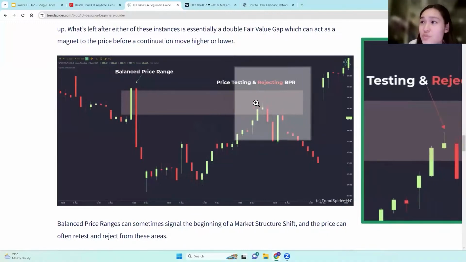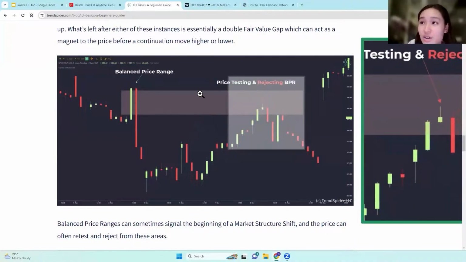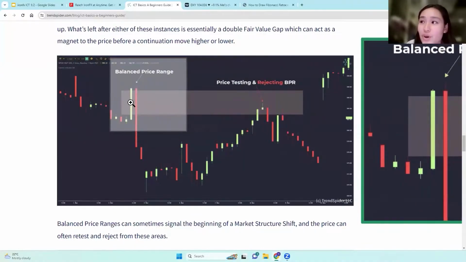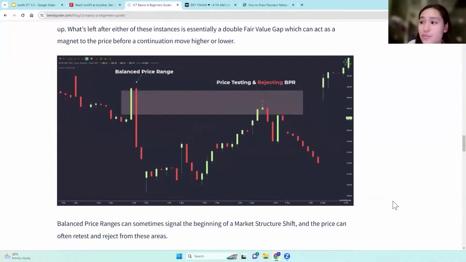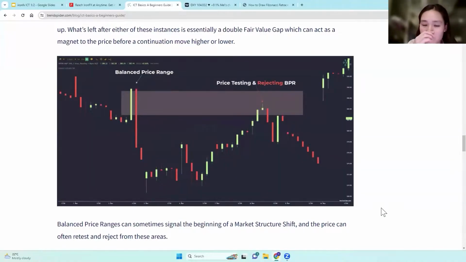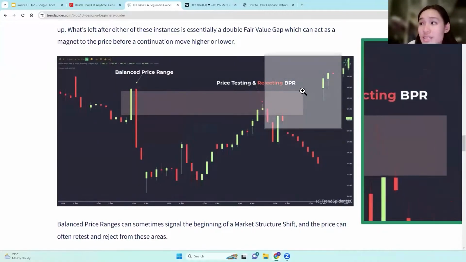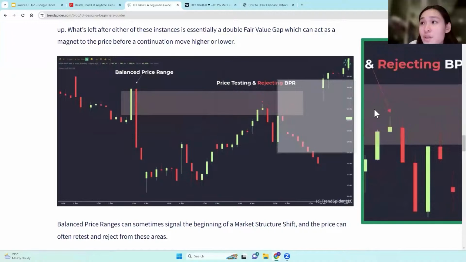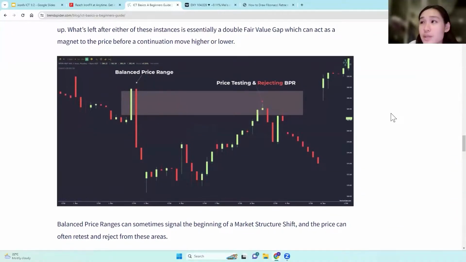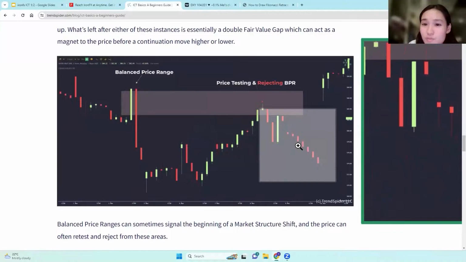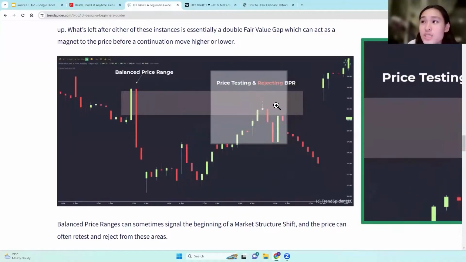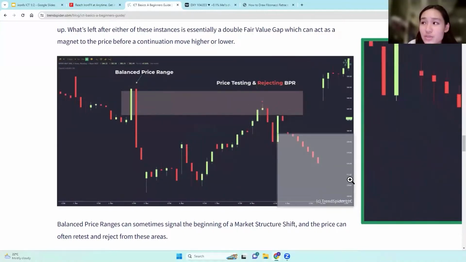It's where price reverses off the same resistance level as before. The reason why we are highlighting this entire area is because that's where we see price being attracted to. It tends to be attracted to such areas and then reverses off of it.